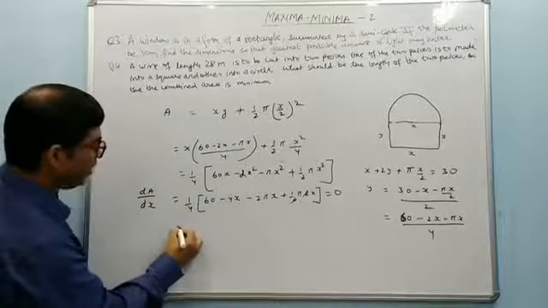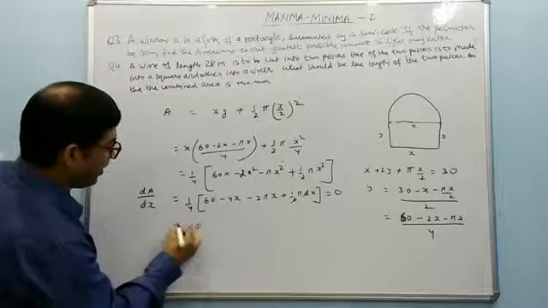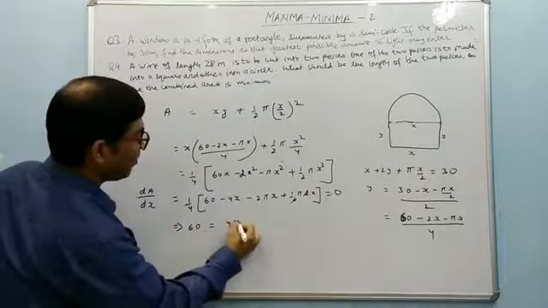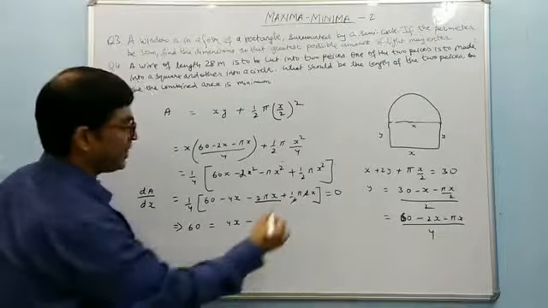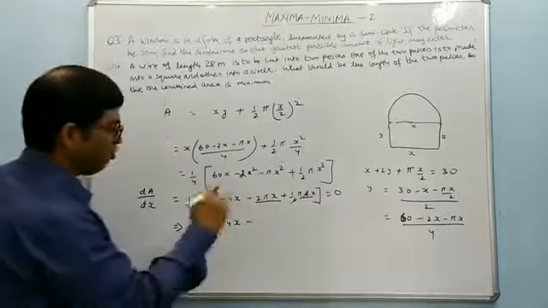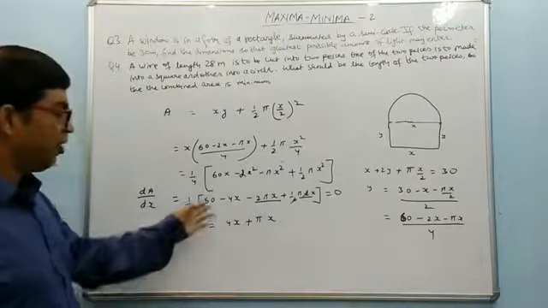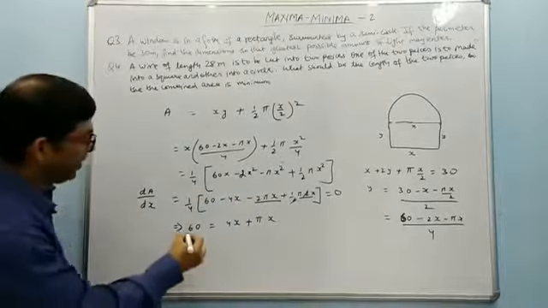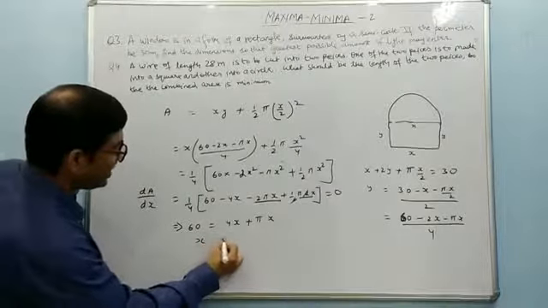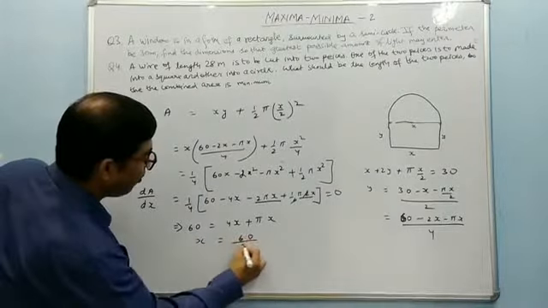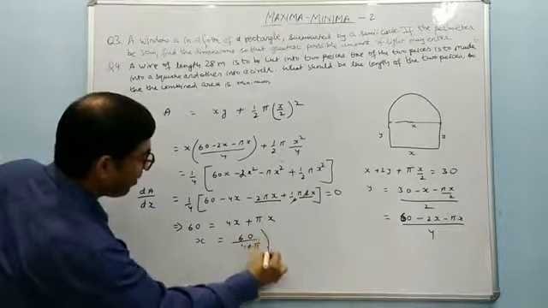It is coming out to be 60 is equal to 4x, this is minus 2 pi x and this is plus pi x. So minus pi x, so plus pi x it will come out to be, and we will get the value of x here. X is coming out to be 60 by 4 plus pi.